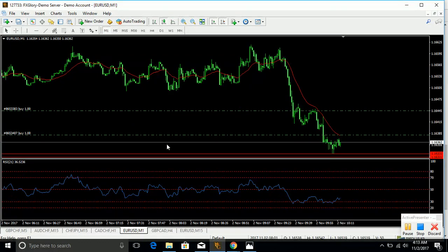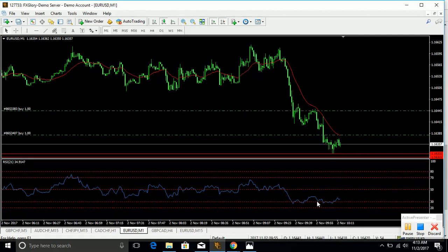Very good sign. Also, if you look here on the RSI, we are already in the buy zone, buy level, buy position. Down here on the RSI on the 1 minute chart, we are in the buy zone.